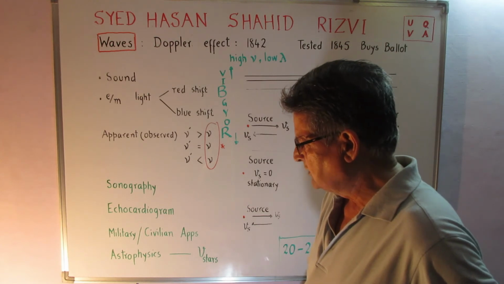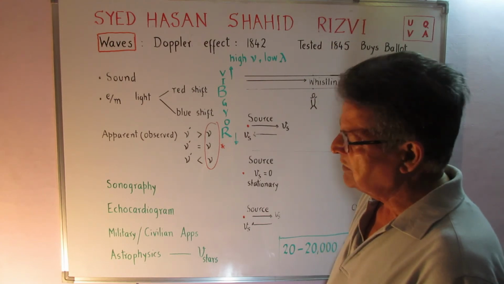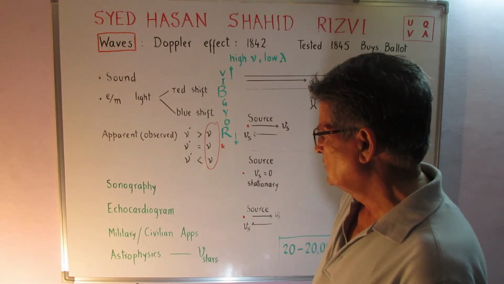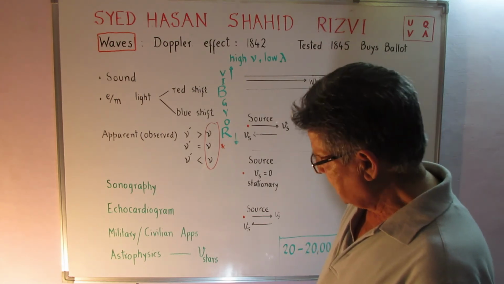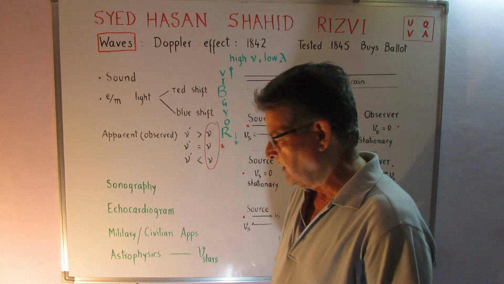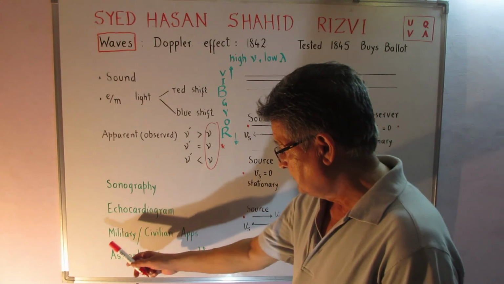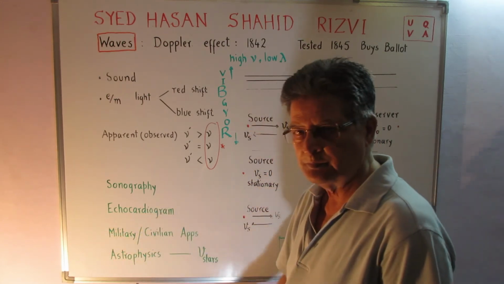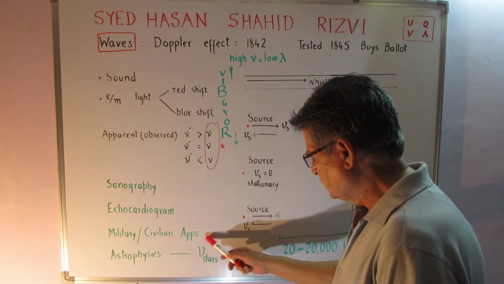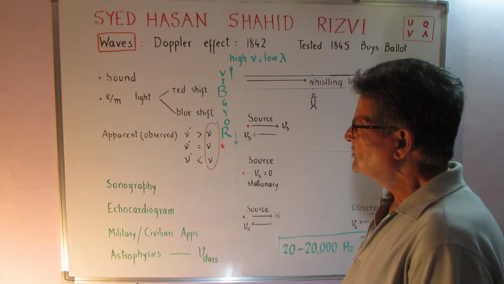I don't like guns, I don't like military actions, I want people to live in peace with each other. But anyway, the military is there, their actions are there, and they want to be better than their apparent or chosen enemies. Well, there is another item, and that is astrophysics, wherein we use it to determine the speed and velocity of stars. So there are many applications of Doppler effect.